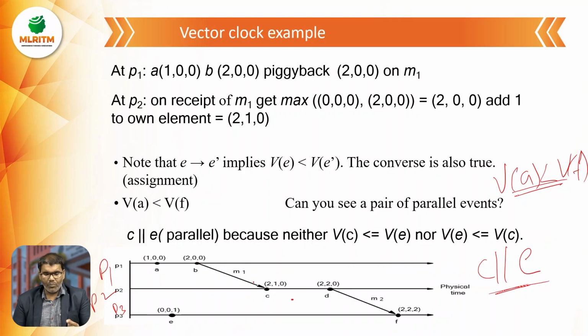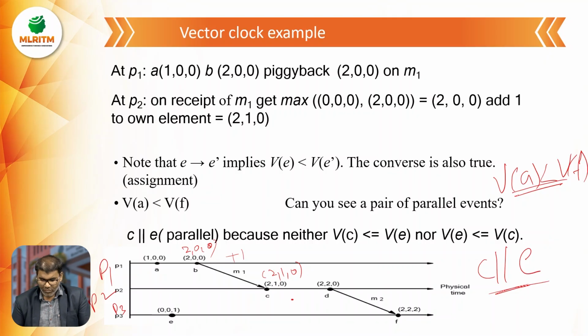Here, from process p1, b is sending the message to c by adding 1, from 2 comma 0 comma 0. So we add 1 when sending the message. After sending the message by adding 1 we get 2 comma 1 comma 0.